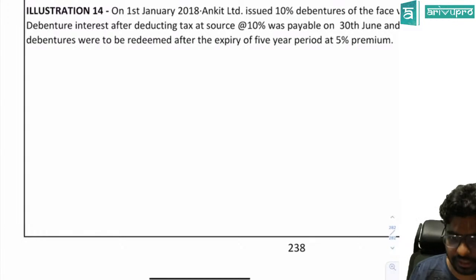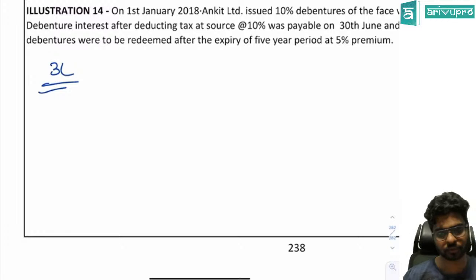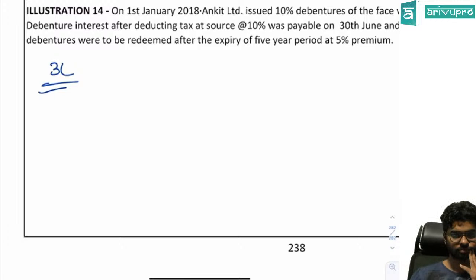Now the last part is this 3 lakh discount, what is there?